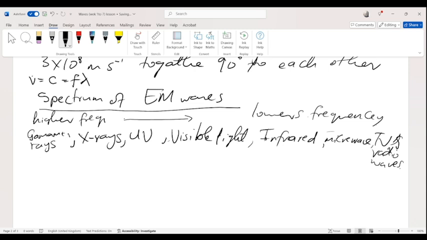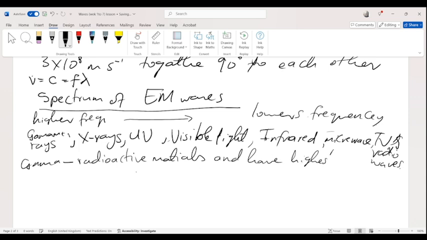Now, let's talk about the gamma rays. The gamma rays are produced by radioactive materials and have the highest energy, so they can penetrate objects.